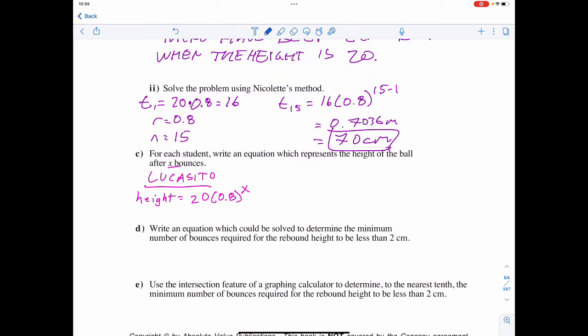For Nicolette, the height is going to equal 16 times 0.8 to the x minus 1.